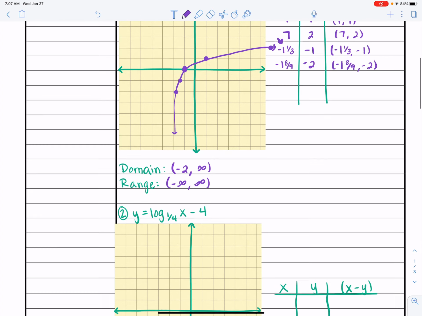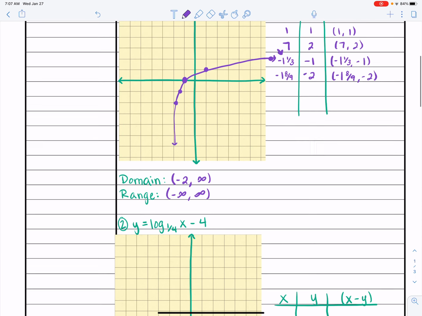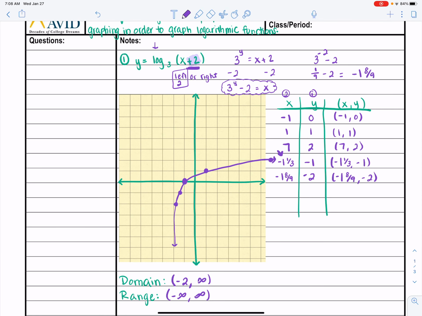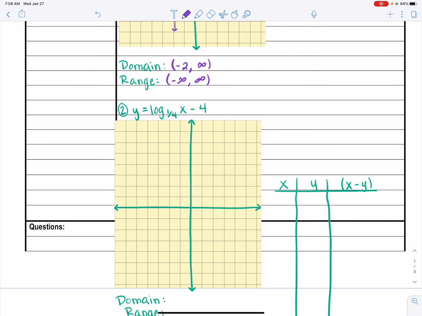All right, next example. y equals log base 1/4 of x minus 4. Now here's the difference. In this first one, x plus 2 is in parentheses, so they are all a part of the log. In this one, x minus 4 is not in parentheses, so the -4 is not a part of the log. So before I change this to exponential, I need to move that -4 out of the way.